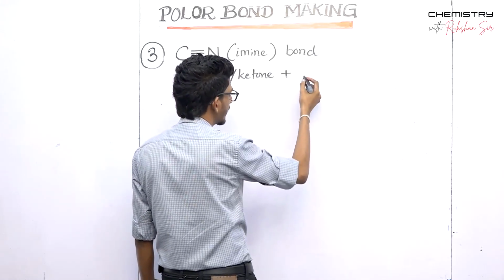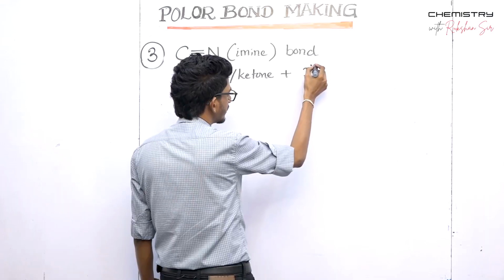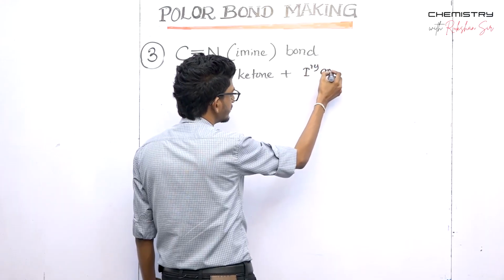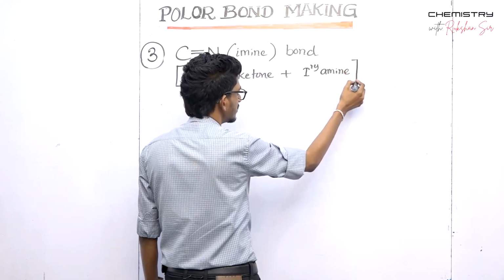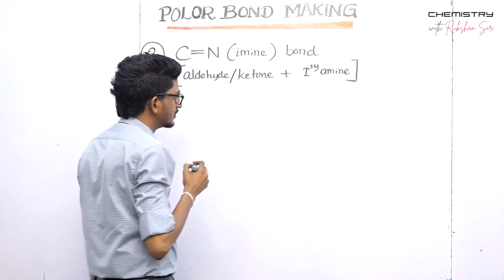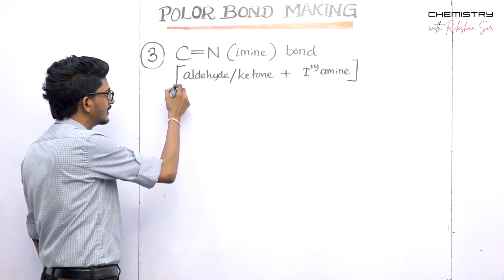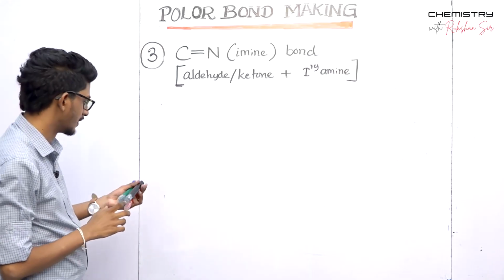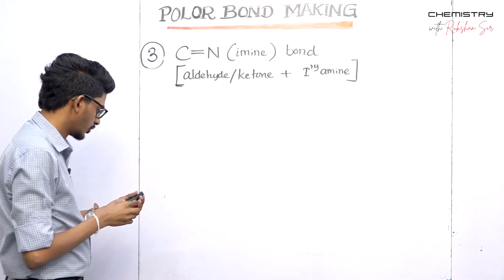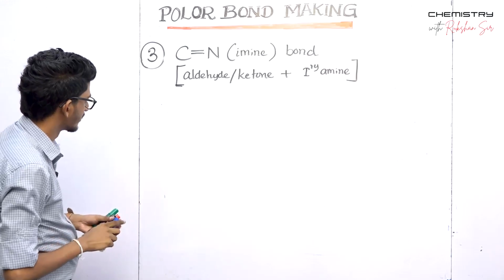The aldehyde or ketone should be used with a primary amine. Only the primary amines are available to make the C=N double bond. Let's discuss why, the theory part. So bond forming is done like this.